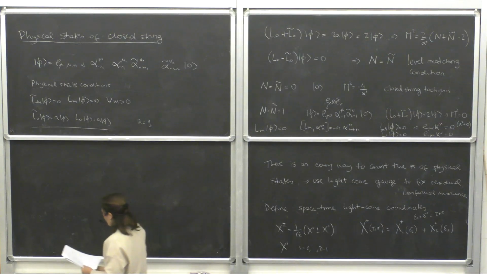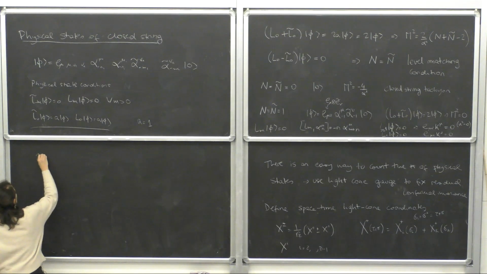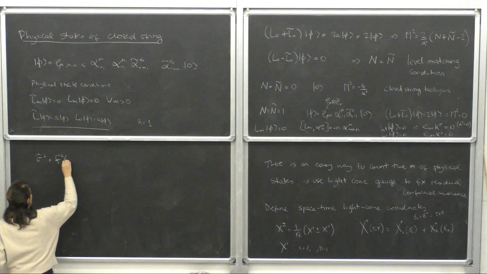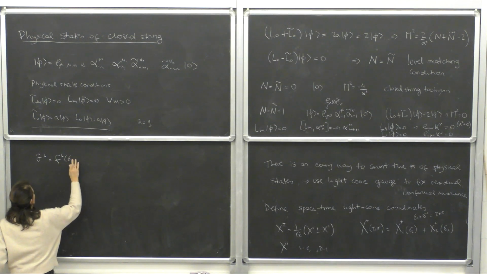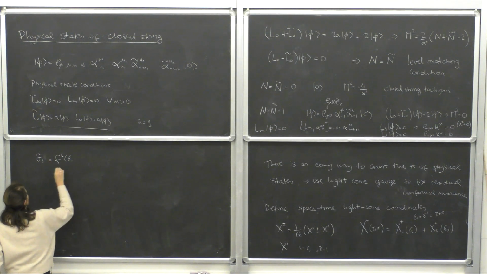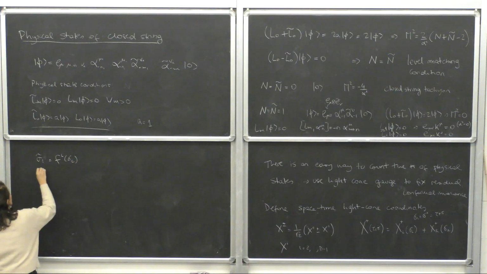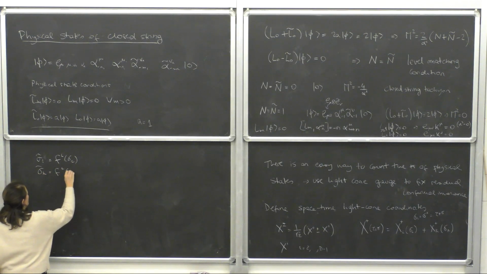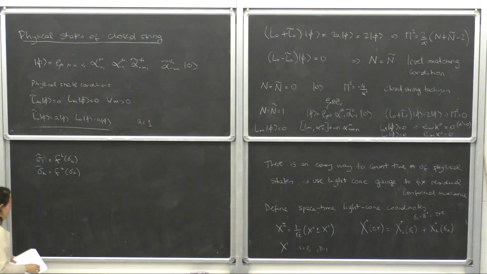The conformal symmetry was defining sigma tilde left, which was some f left of sigma left, and sigma tilde right, which was some f right of sigma right.